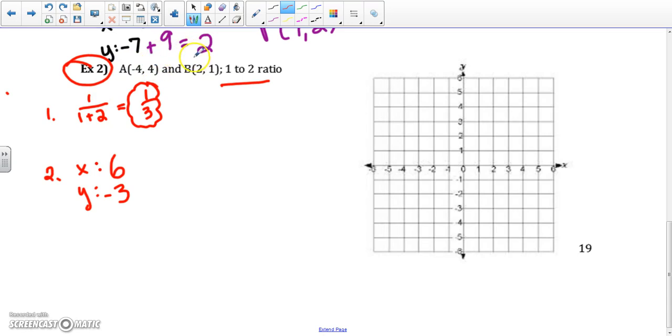From 4 down to 1, we're going down 3. Okay, and now we just do our proportion again. So the total restaurant bill, the total mile marker, whatever you want to think about it, was 6. We want to know what 1/3 of those distances are. 1/3 of 6 is 2. 1/3 of -3 is -1.